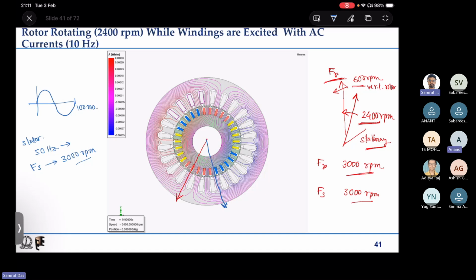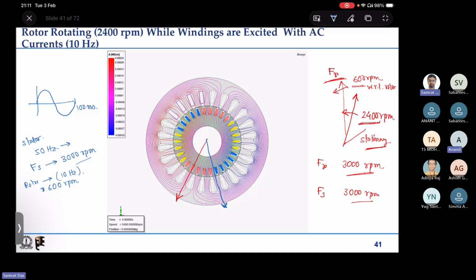Now, you mentioned that you are exciting the rotor with 10 hertz AC current, then 2400 is one case. And again, in the normal stationary case, when you excite the rotor with the same 10 hertz, 600 rpm is the other.